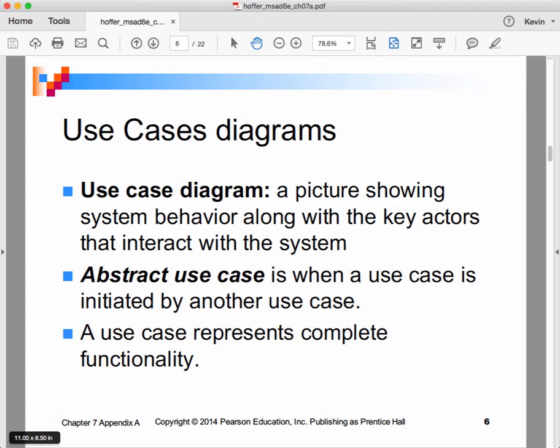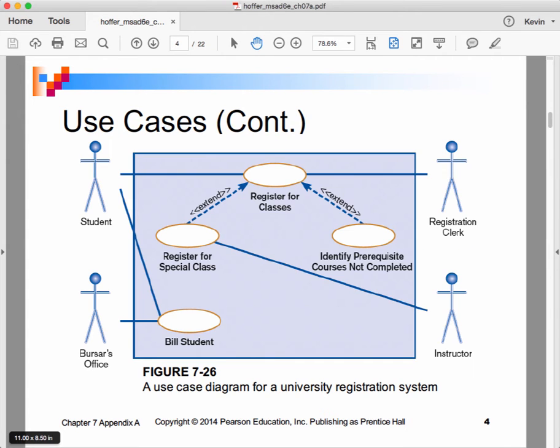A use case represents complete functionality. Well, what do we mean by that? Well, typically, if we go back to the diagram, what we're trying to do is identify a unit of work that is sufficiently substantial such that it represents a real kind of job for the actors at hand.